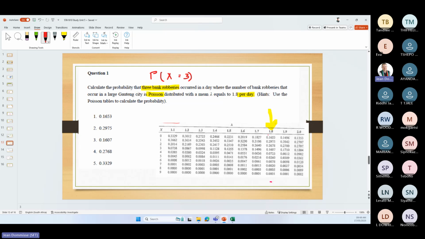Okay, so we've got the lambda, that's 1.8, the 3, we're looking at 0.1607. Okay, so that is how we will work it out.